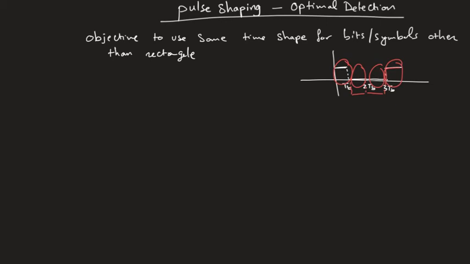So what do we do to overcome this? We need to use something different from the rectangle. This is where we come to the Nyquist criteria, and particularly we considered only the first criteria. So Nyquist criteria 1 says that if you want to use a good pulse shaper, it must have two things. Number one, it's band limited.